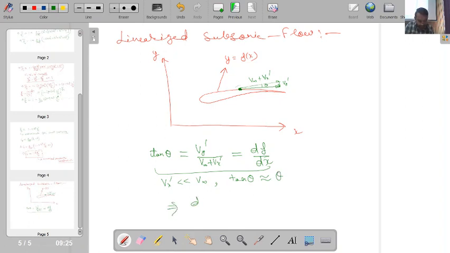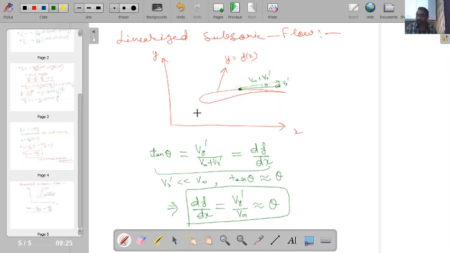So I can say from here that df by dx will be equal to Vy dash by V infinity, because Vx dash is very small in comparison to V infinity, and that is nearly equal to theta. So this is one important boundary condition which we have got on the geometry of the aerofoil. Okay.